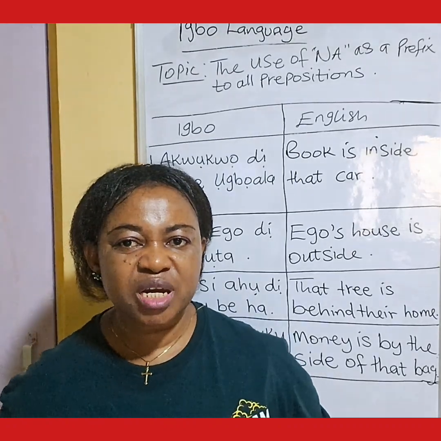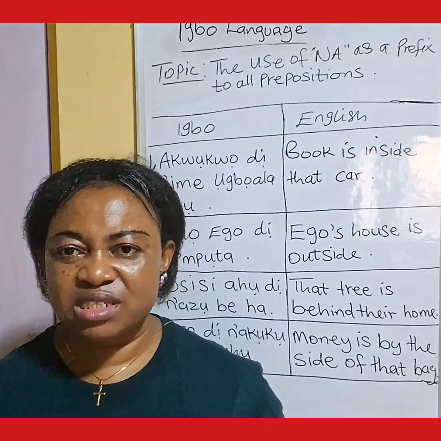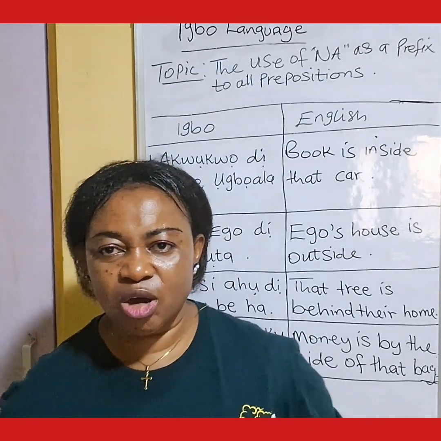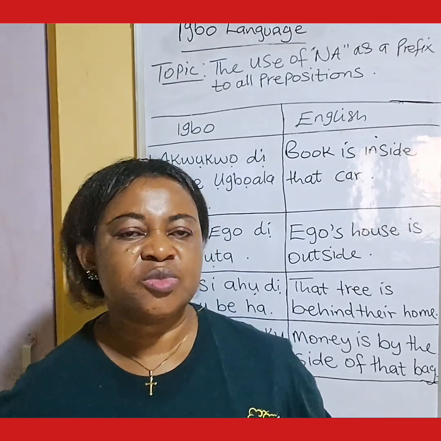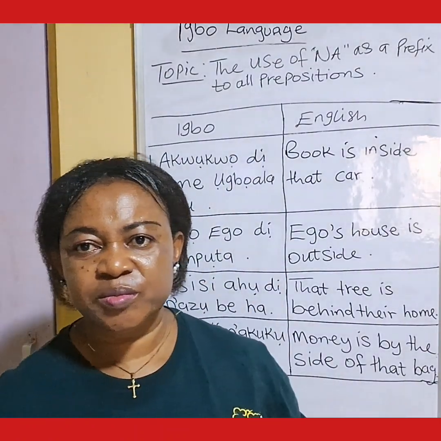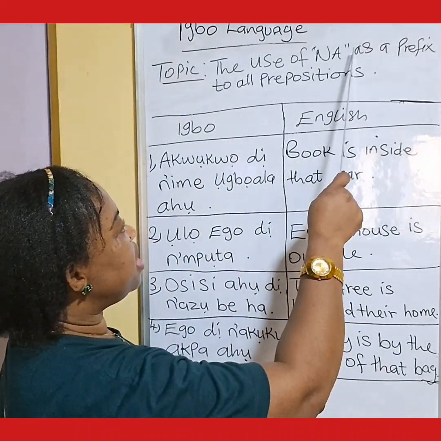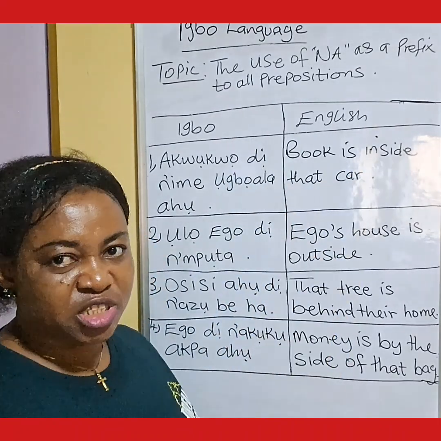We have learned about the use of na as a prefix to verb in present tense. Example, ọ na-aga ọrụ. Now, this is the 3rd use of na, the use of na as a prefix to all prepositions.